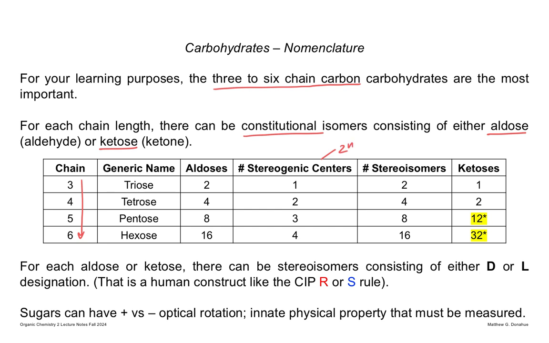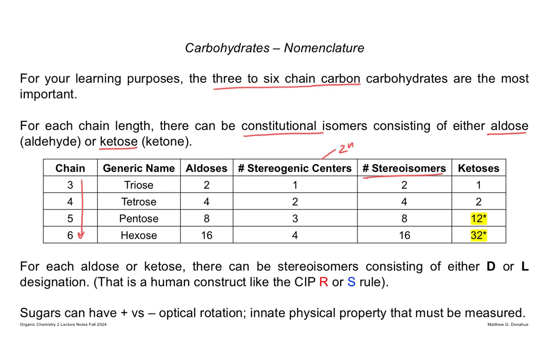So that's where this number of stereoisomers comes from. The aldoses are the most common ones, and the ketoses still exist, but they're probably a little bit less common. You'll see them in biochemical metabolism, though.